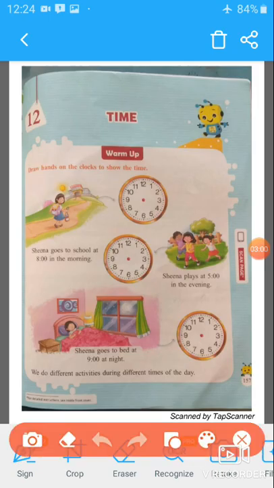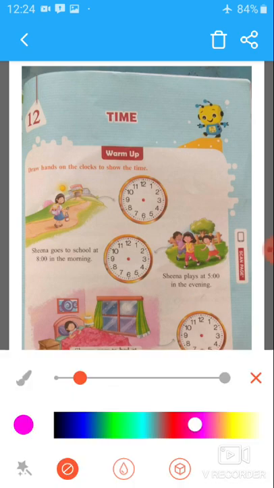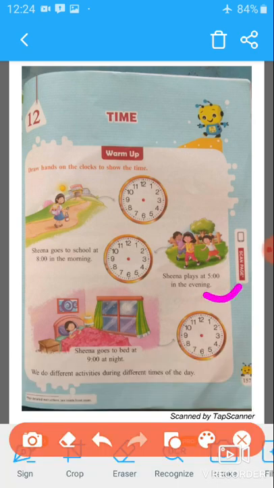Now students, Sina plays at 5 in the evening. Here you have to show the time 5 o'clock. So to show it, the hour hand will be at 5 and the minute hand will be at 12.